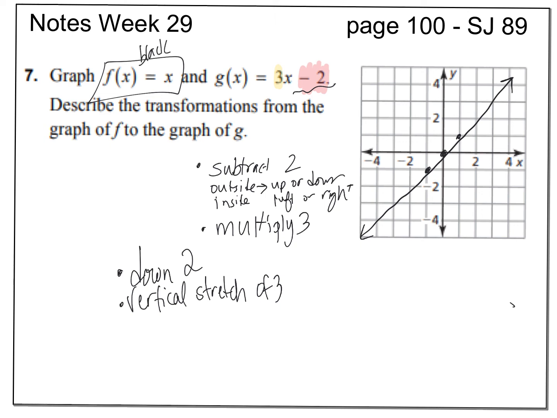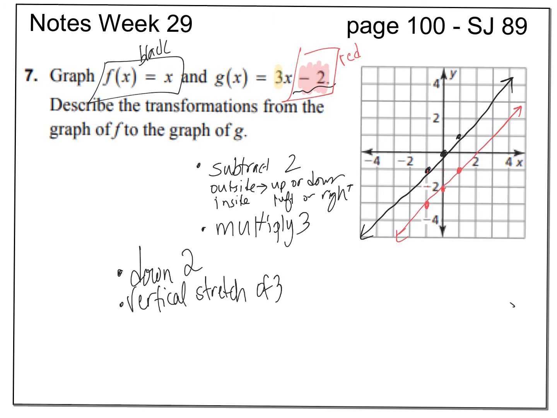Then I'm going to take the parent function down 2. So that's not my final answer. So I'm going to take this dot down 2 units. 1, 2. This one down 2. 1, 2. This one down 2. 1, 2. So that would be the graph of just moving the parent function down 2 units.